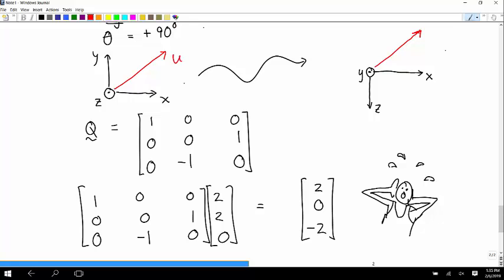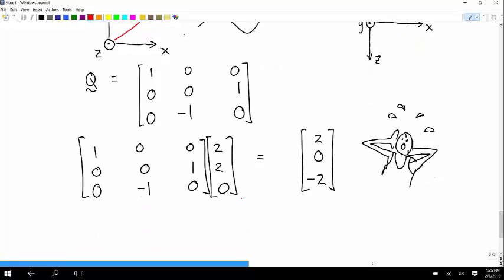Okay, this is our vector u. Because positive z is, yeah, right, exactly. So this is u in the original, and this is u in the new.